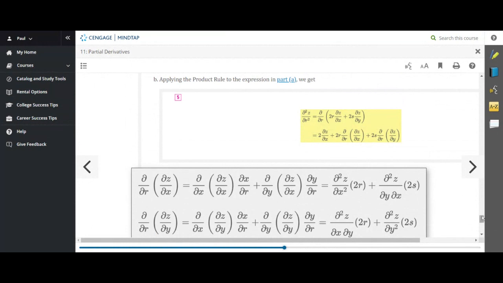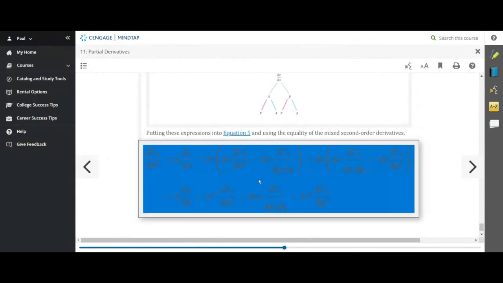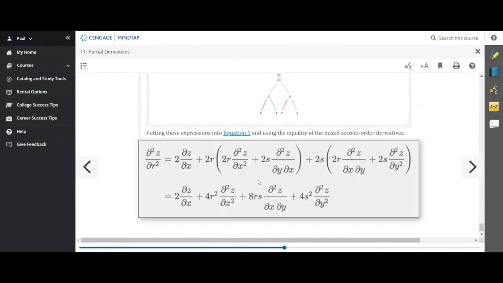And when they do that, they end up getting this result below. That's what's going on. And then you have your final answer at the bottom there. So that's just a guided tour of what they're doing.